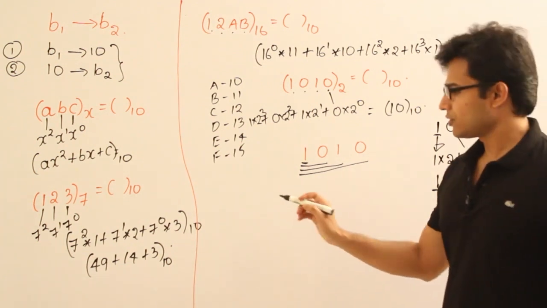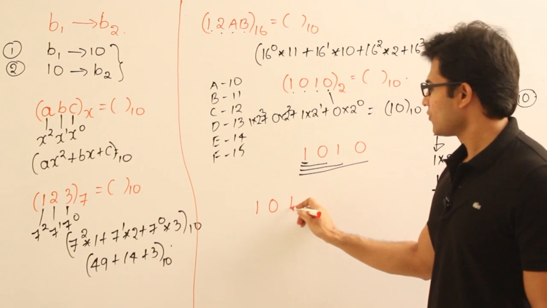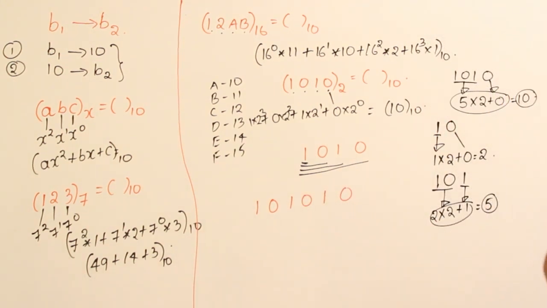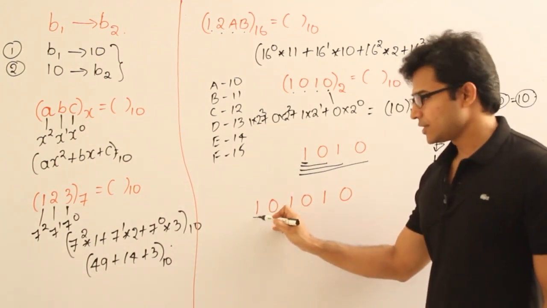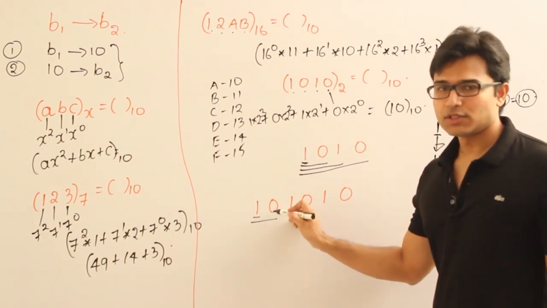For example, if you want to evaluate the value of 101010, without writing the equations, then how can you start off? See, value of this one is 1, and value of this one is 1 into 2 plus 0, which is 2.